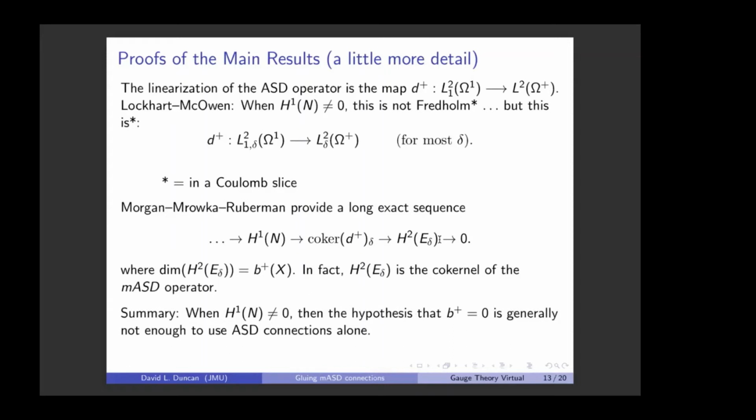But if you know that b plus equals 0, so that is, if you're in the setting where the Morgan, Mrowka, Ruberman stuff is interesting, which is when H1 is not 0, but for the purposes of this current conversation b plus is 0, that means the cokernel of D plus is not 0. And so ASD connections alone are not going to be enough to get around the obstruction. On the other hand, this is the obstruction here for mASD connections, and when b2 plus equals 0, that obstruction vanishes.